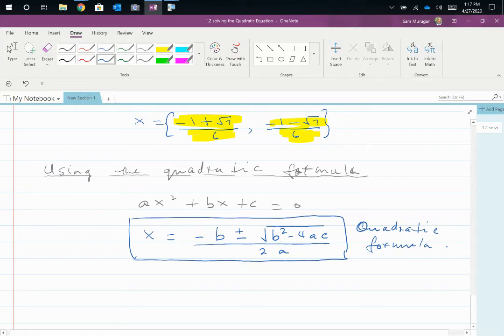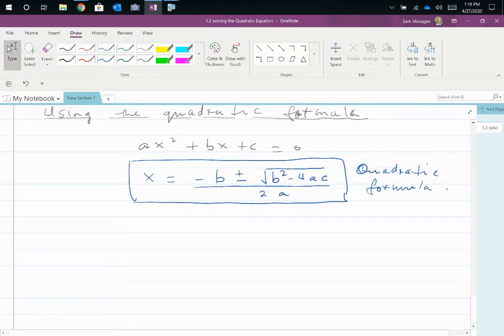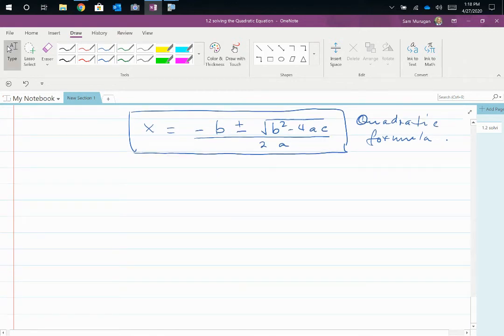The quadratic formula can be used to solve any type of quadratic equation, including problems that are factorable or problems that we did in the previous method. In other words, the ones that we did by completing the square, we could also solve them using the quadratic formula as well.